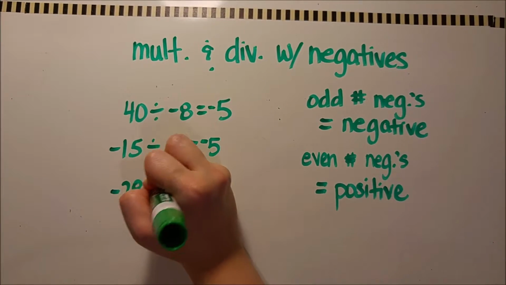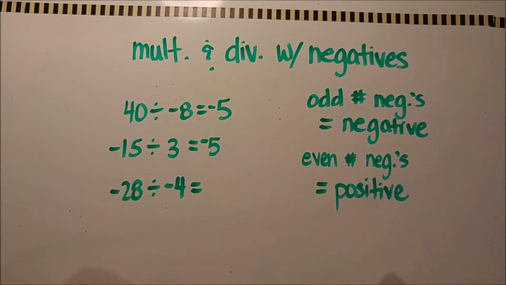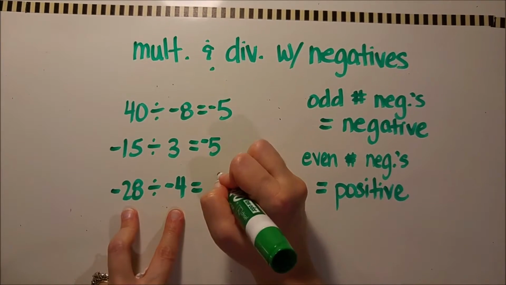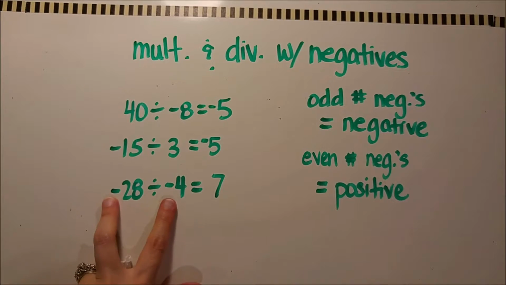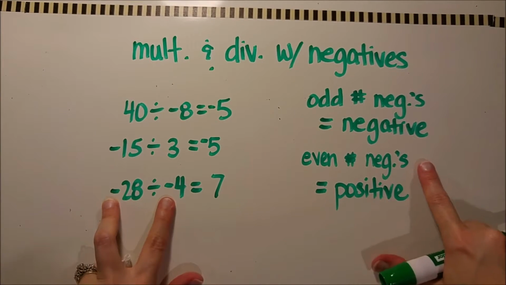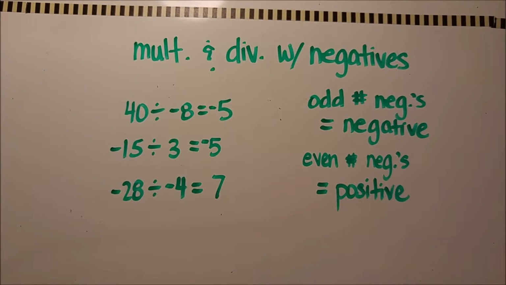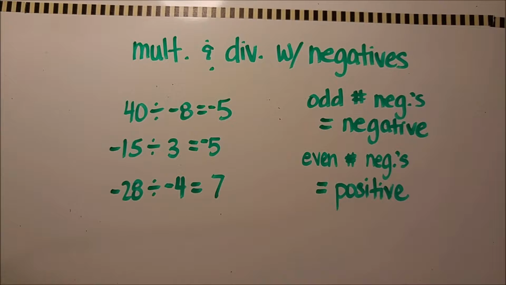-28 divided by -4. 28 divided by 4 is 7. We have two negative signs here. So even number of negatives gives us that positive answer. Our answer is 7. Okay, so think here, remember, multiplication and division are opposites, right?